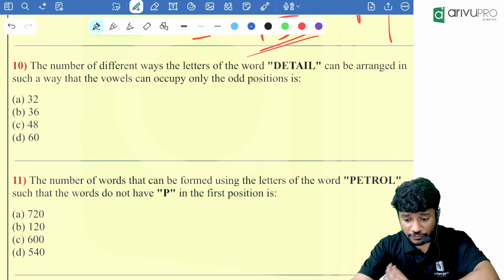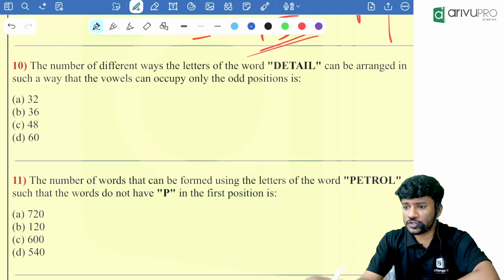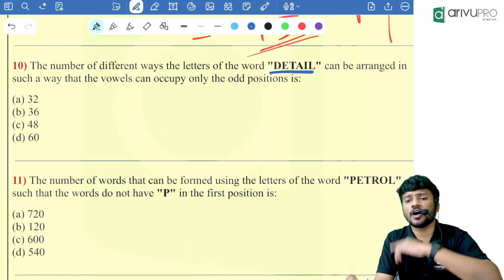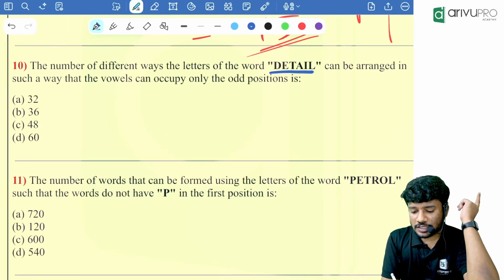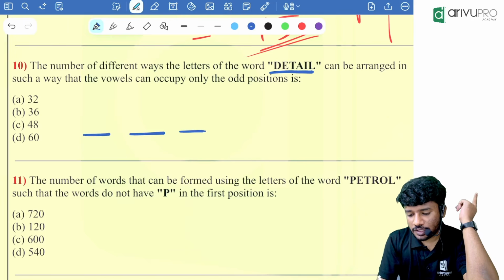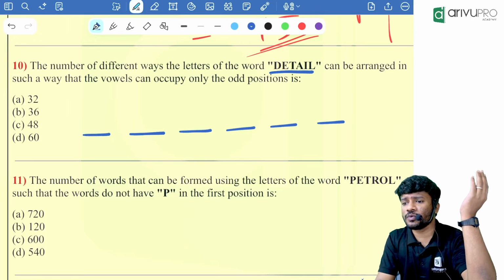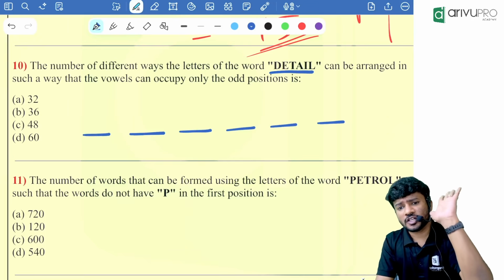The number of different ways the letters of the word DETAIL can be arranged such that the vowels occupy all odd positions. People, DETAIL has how many letters? 6 letters means how many vacant places are there? 6 vacant places are there. That means even if I create a new word, that will also have 6 letters.